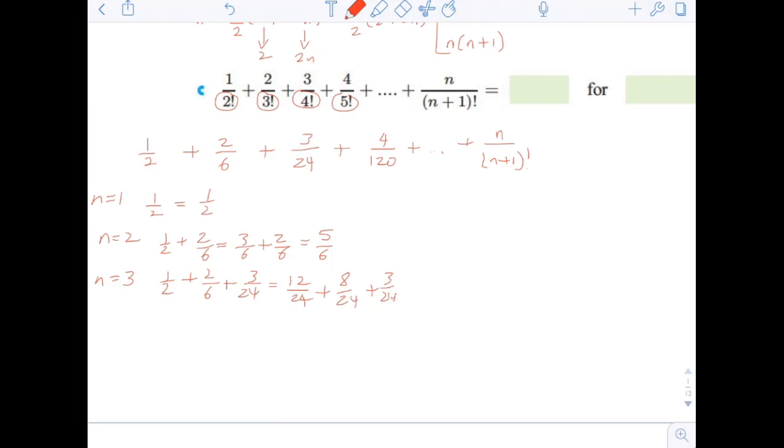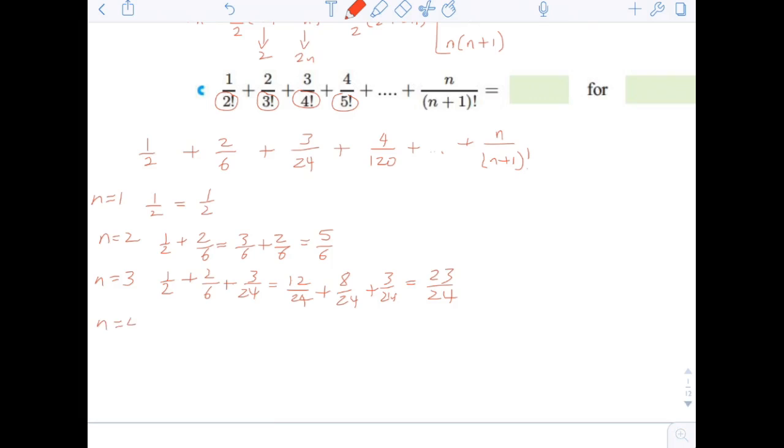And if we add the numerators together here, we get 23 over 24. Now we're going to start seeing a pattern, right? Because you see how 1 over 2, 1 is 1 less than 2. And 5 over 6, 5 is 1 less than 6. And finally, 23 over 24, 23 is 1 less than 24.